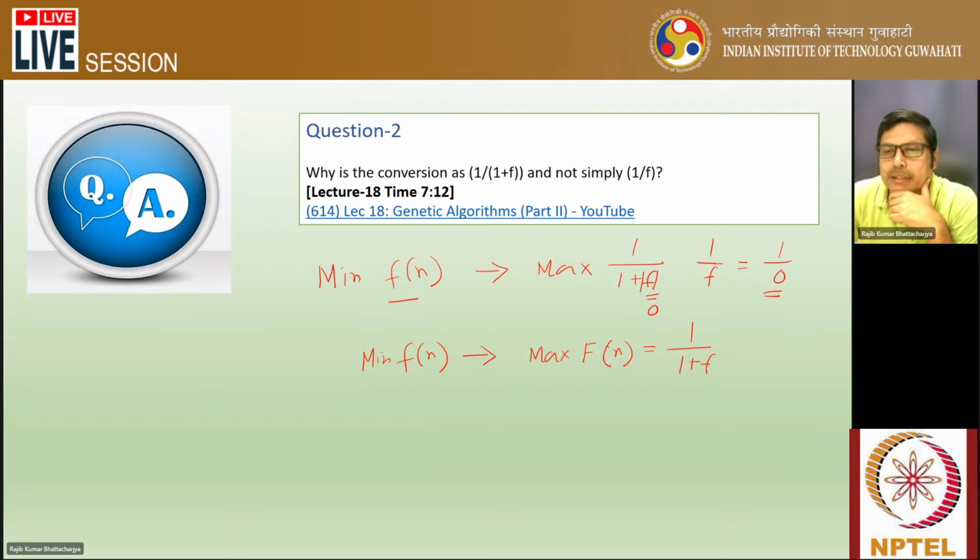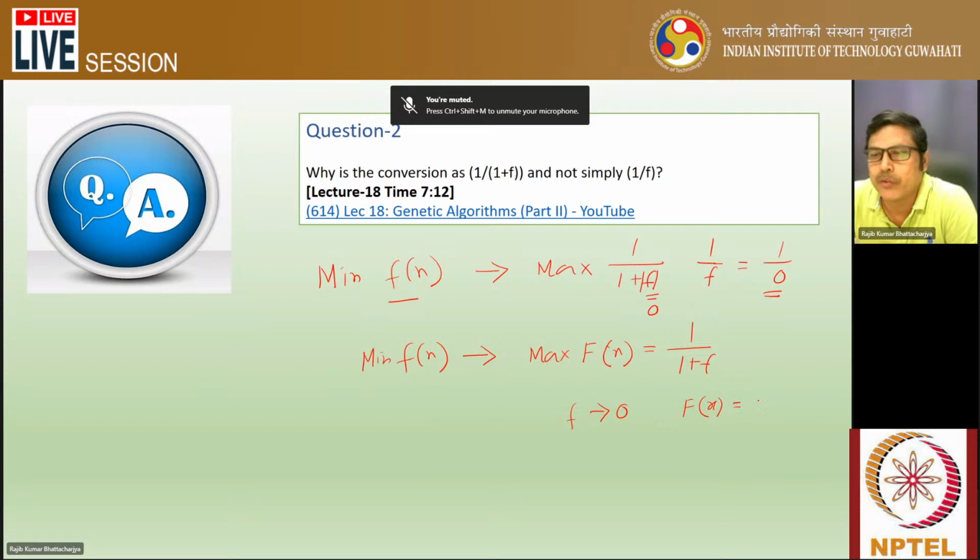So now here what will happen is, if f equals 0, then capital F will be equal to 1.